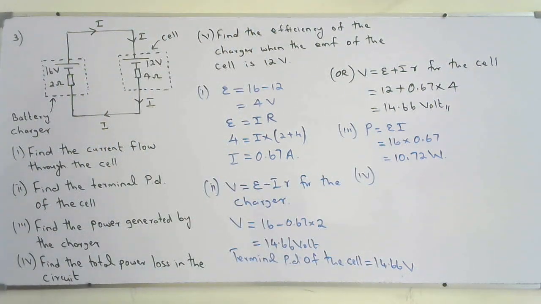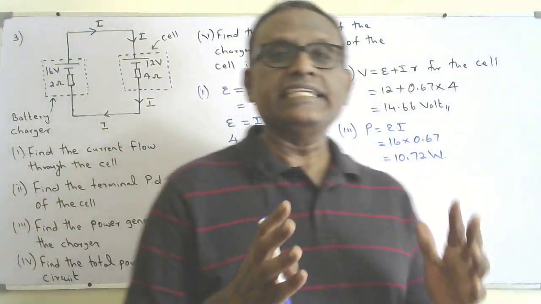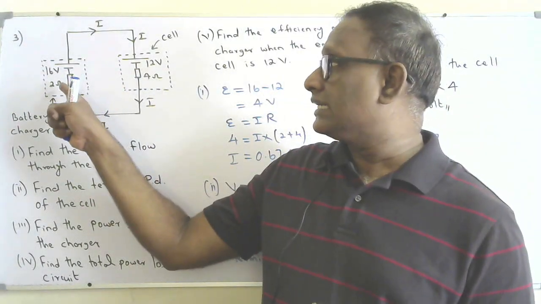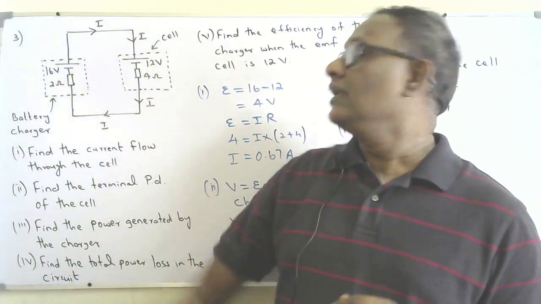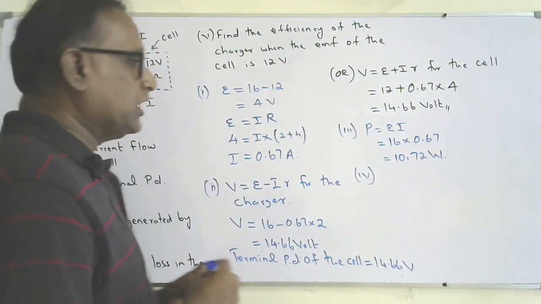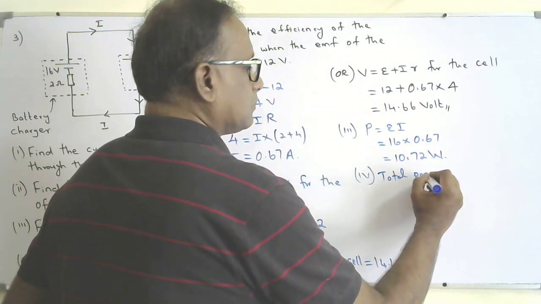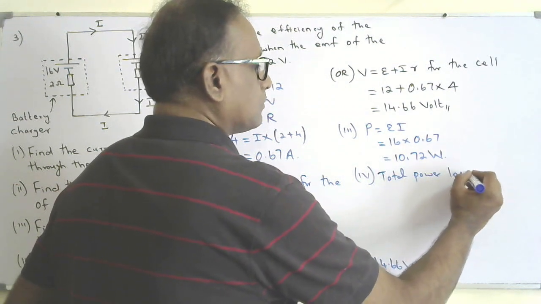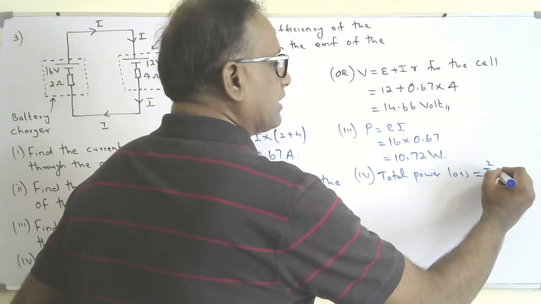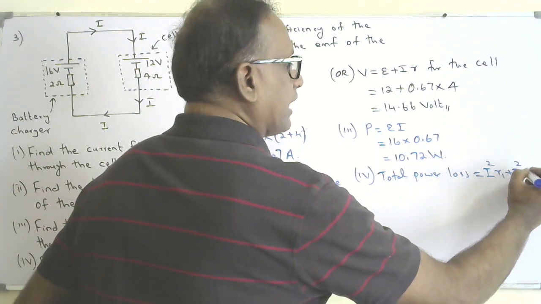Okay, fourth part, find the total power loss in the circuit. So total power loss in the circuit is due to the internal resistance of both the charger and the cell. So total power loss equals I squared R1 plus I squared R2.